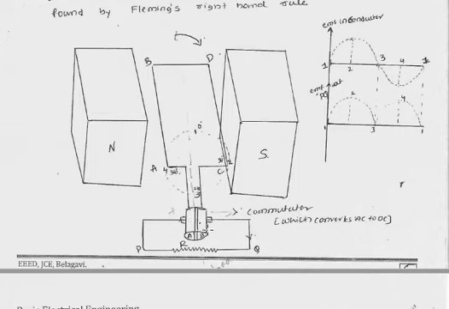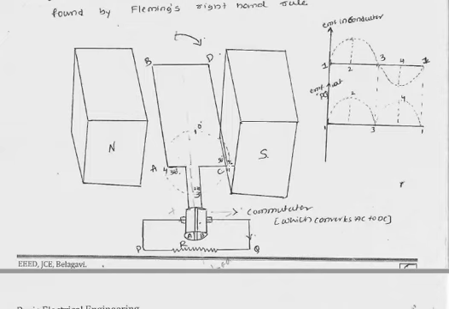You can imagine it as a cylindrical structure of copper which is cut into 2 halves, and in between it is sandwiched with mica, which is an insulator. So we have copper on this side, an insulator in between, and copper on this side.